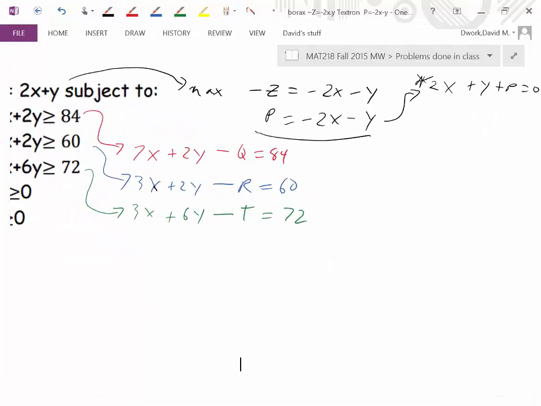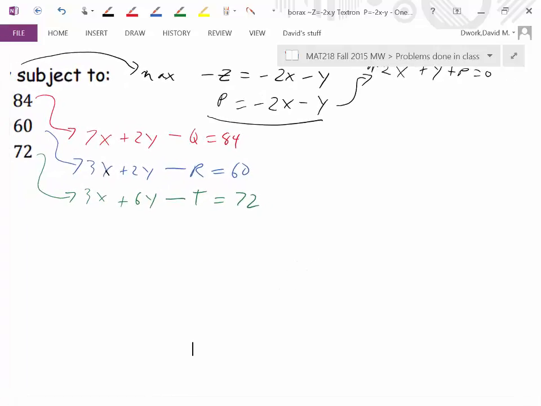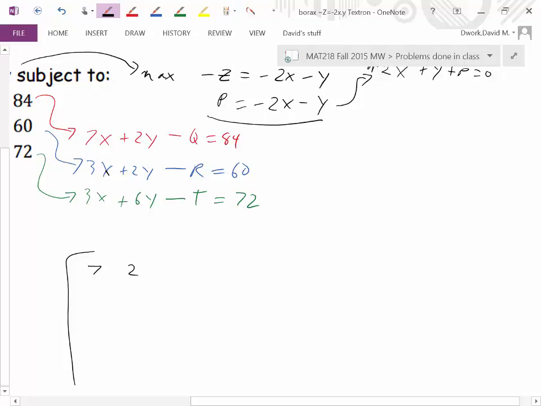So I now have all of my equations set up the way I need them, so let's put them in a matrix. So my first constraint would be 7, 2, so let's make our variables x, y, q, r, t, p, and equal sign. Okay, so it'll be 7, 2, -1, 0, 0, 0, 84.